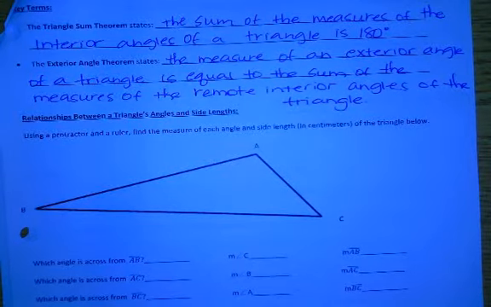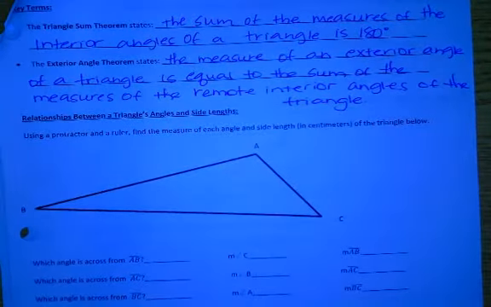Okay, let's see. In order to do this next part, somebody in your little area needs to get a couple straight edges for everybody, because you're going to need the protractor and a ruler. My bad, I forgot to put that on the slide. If you want to just pass the buckets down.